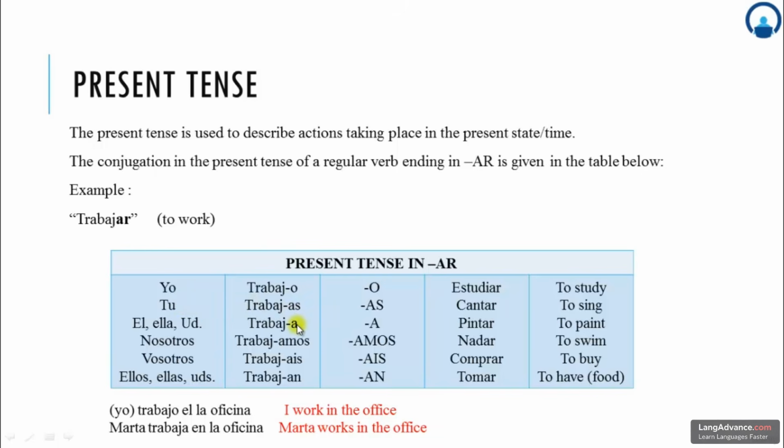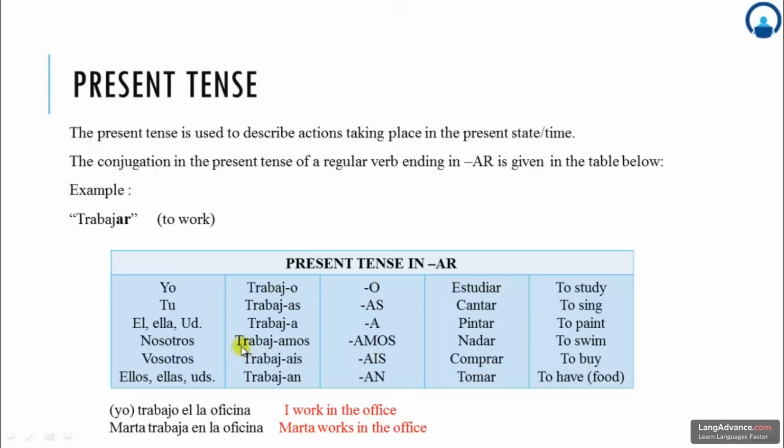I remove the AR from trabajar and I put A, and it goes with él, ella, usted, which now becomes trabaja. That means he works, or she works, or you work. Similarly, I remove the AR again and I put AMOS.